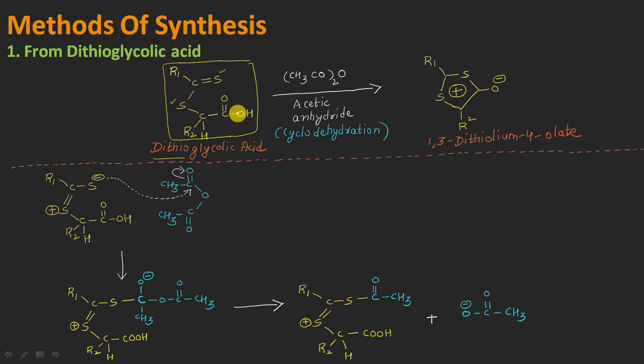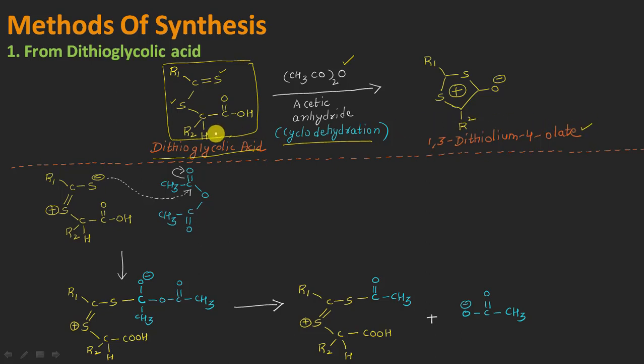So this whole structure is known as dithioglycolic acid. You can see the reaction conditions are in the presence of acetic anhydride, which acts as the dehydrating agent in this reaction, leading to a cyclodehydration type of reaction, such that we will get our 1,3-dithiolium 4-olate as the final product, right?